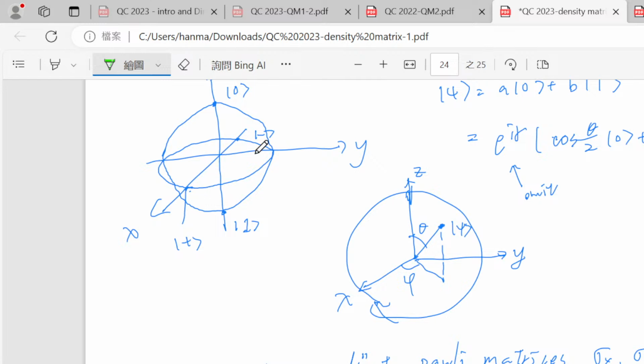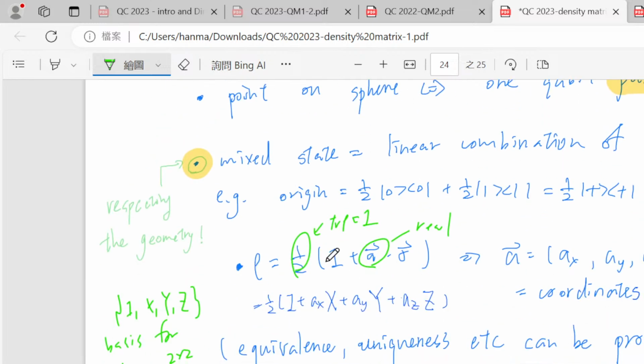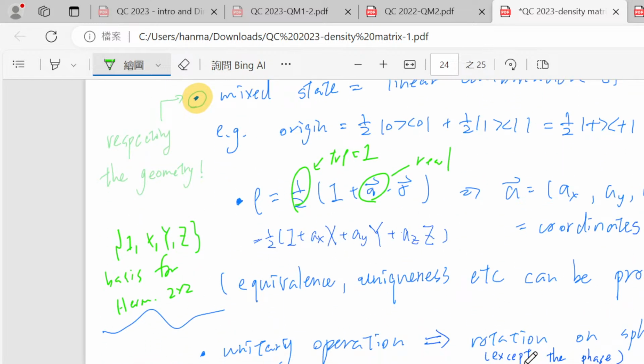Also, the totally mixed state, 1/2 identity, is 1/2 |+> plus 1/2 |->, and indeed the average lands in the middle. It's actually the average of any pair of states opposite each other. As we said, the equivalence, uniqueness, etc. can be proved for this.